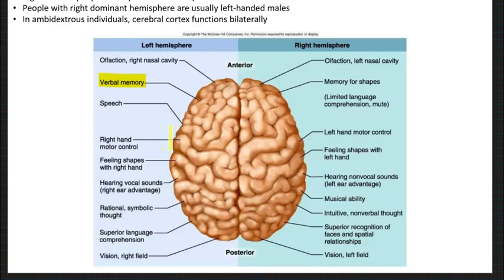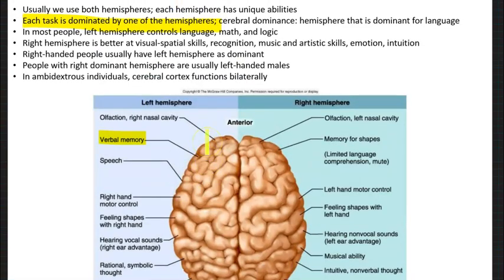We do have lateralization of the functions in the way that your left hemisphere controls, for the most part, your right side of the body, receives sensory inputs and controls muscle movements, and the right hemisphere does the same for the left. So cerebral dominance is determined by the hemisphere that's dominant for the language skills.